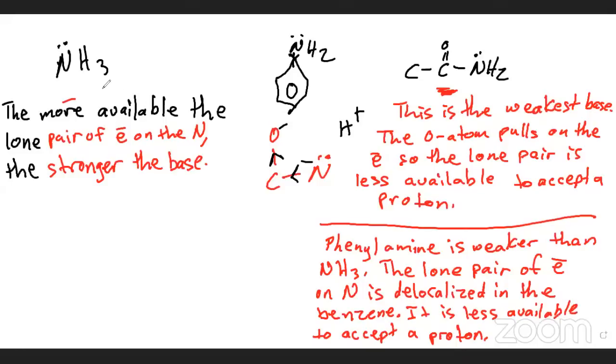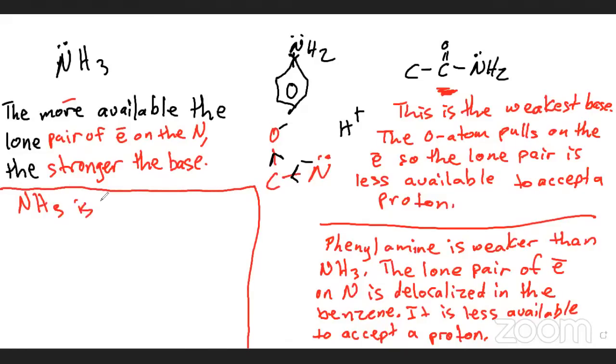All right, so for the amines, it's just about the availability of the lone pair, because that is what is taking up the proton. All right, sorry. So in the amide, it is less available than in the phenylamine. All right, and in ammonia, hold on, let me just put a line here.